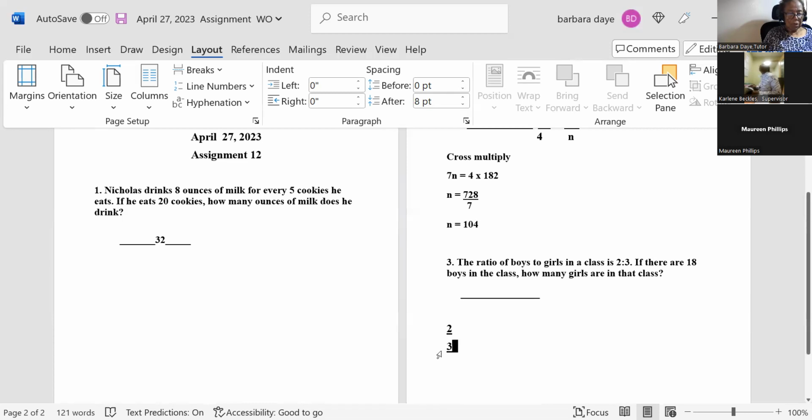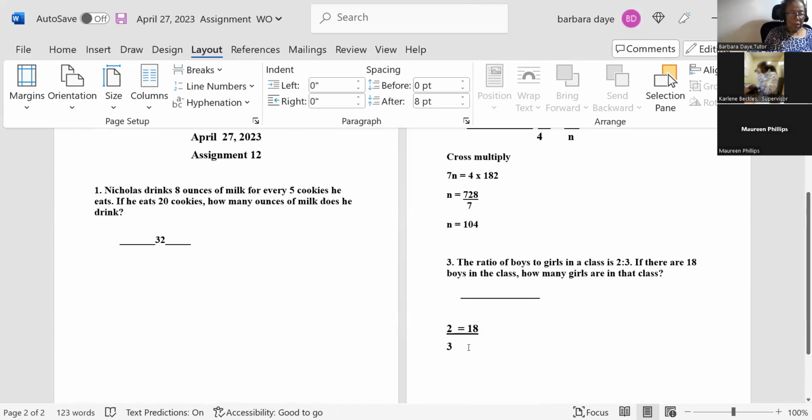And what's that equal to? The boys is equal to 18. That's right. Good, you kept them in order. That's boys over girls, so 2 over 3 equals 18.